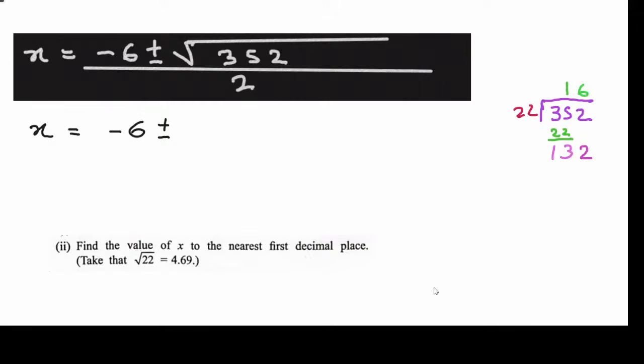So 16 times 22 is 352. What does that mean? Minus 6 plus or minus square root of 352. The entire 352 can be split as 16 times 22, 16 into 22, divided by 2.